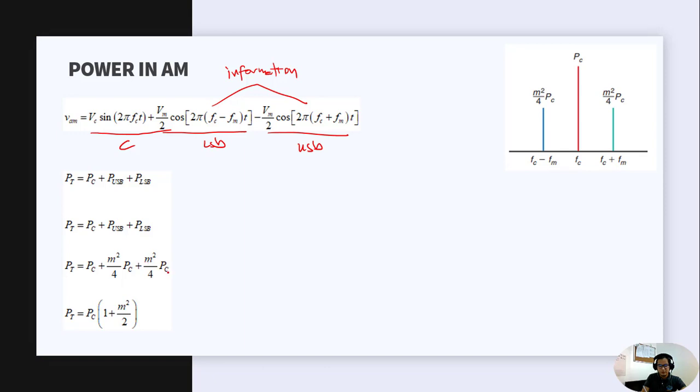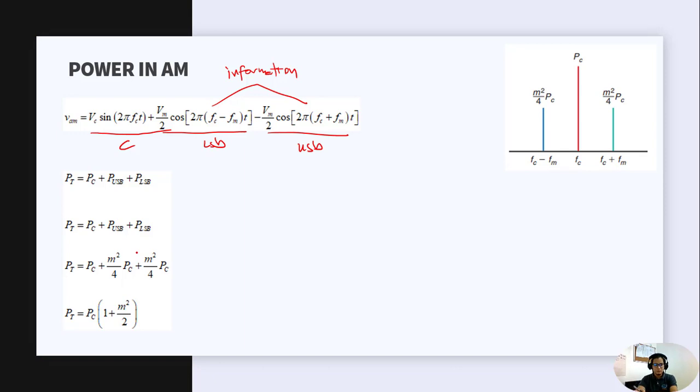So therefore, the maximum power pala of one of the sidebands is only 1/4 of the carrier power, or 25% of the carrier power. If the carrier is, let's say, 100, then ang sideband power ko pala ay 25 watts lang for the lower sideband and 25 watts for the upper sideband.